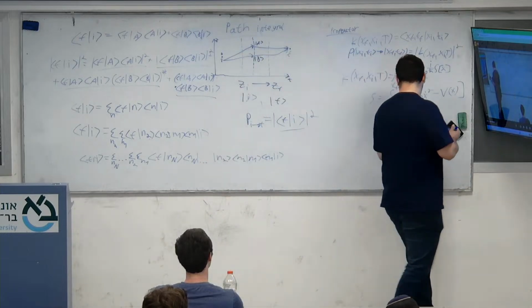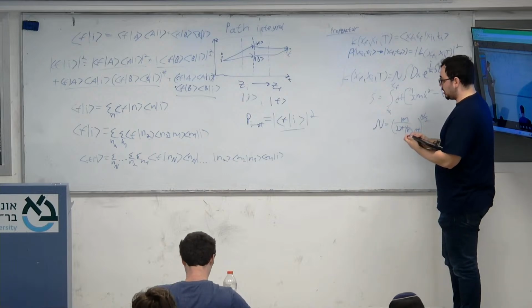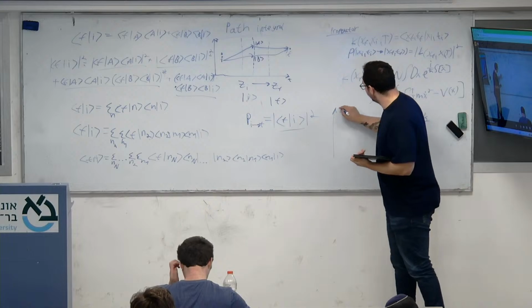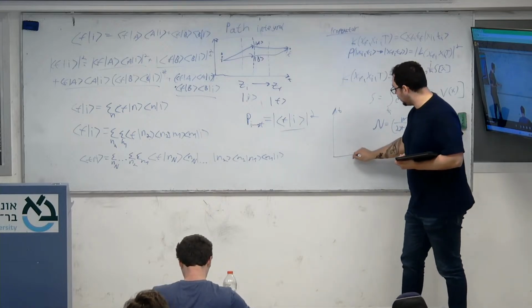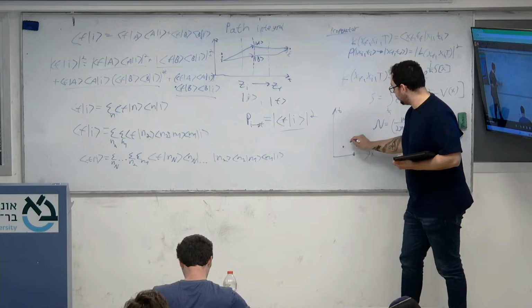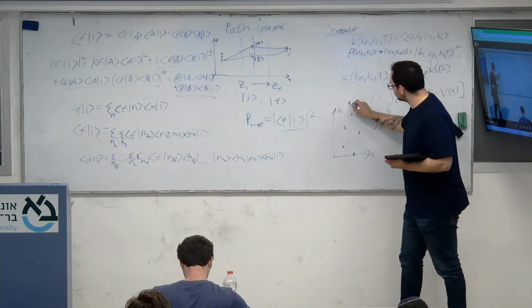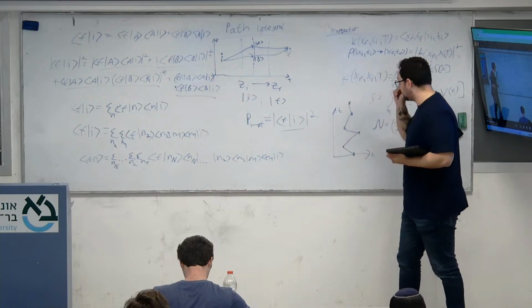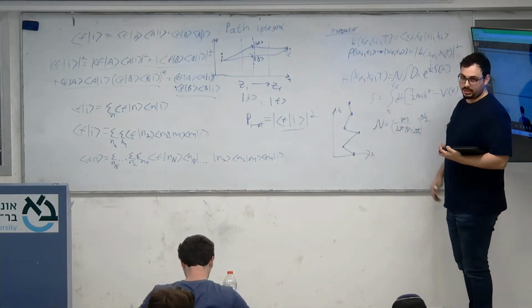But in quantum, what we do is say, okay, at each time we move in time, t, x. At each time, a particle can move to a different location. And this movement will give us some value for the action.